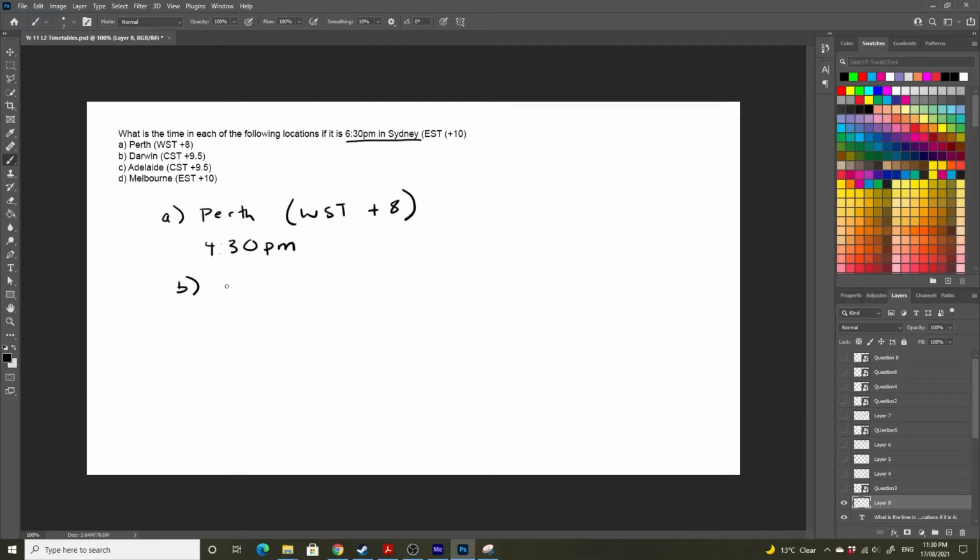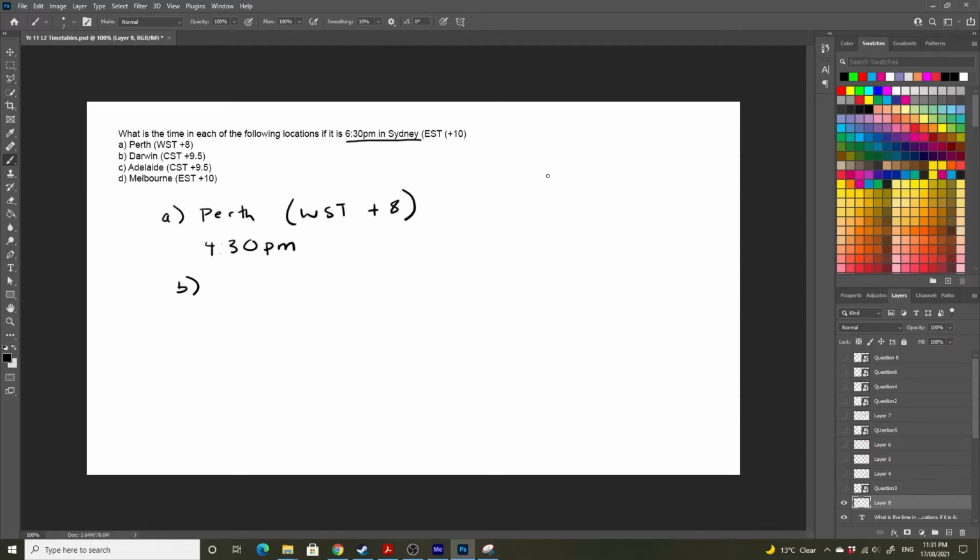What do we have in Central Standard Time? Well, again, Eastern Standard Time is ahead of Central Standard Time, but only by half an hour. As we can see here, the difference between +10 and +9.5 is +0.5, and with each different time zone interval, +8 to +9 and +9 to +10, each representing an hour's difference, +0.5, or in this case minus 0.5, is going to be a difference of half an hour.